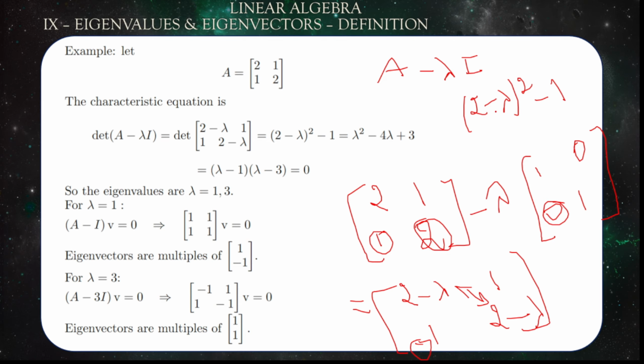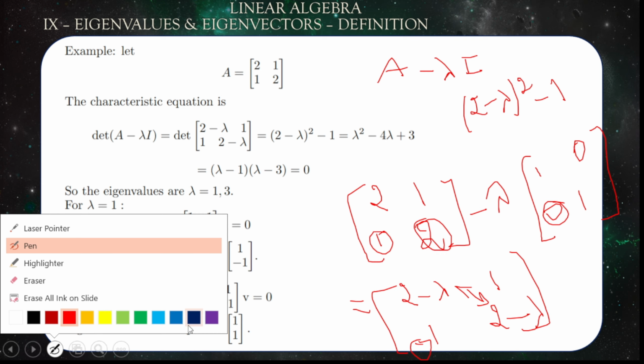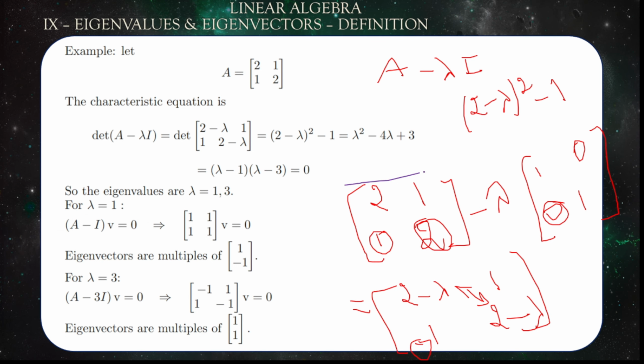So (2 minus lambda) squared gives us 4 minus 4 lambda plus lambda squared, minus 1. So it is lambda squared minus 4 lambda plus 3, which is 4 minus 1.